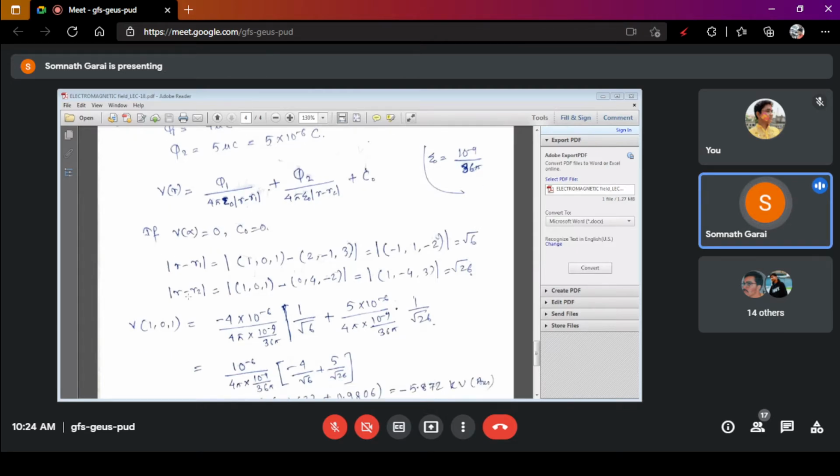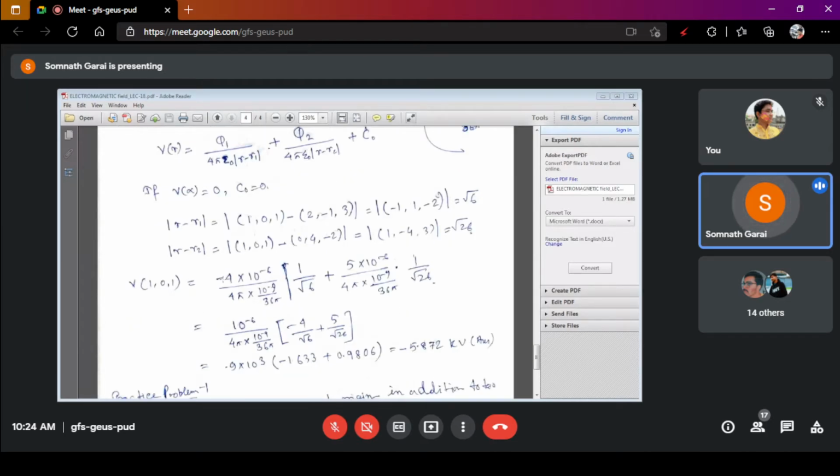Similarly, if we create the distance vector r minus r2, that is 1, 0, 1 minus 0, 4, minus 2, so that is equal to 1, minus 4, 3, and the mod is root 26.